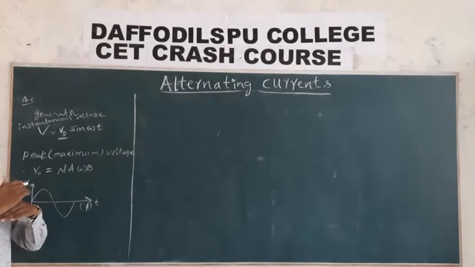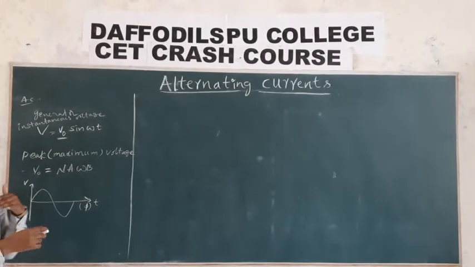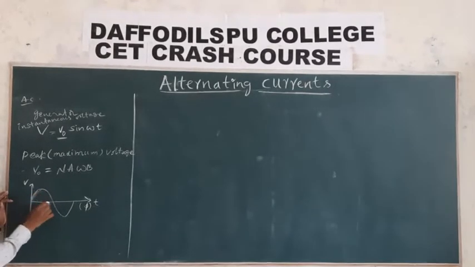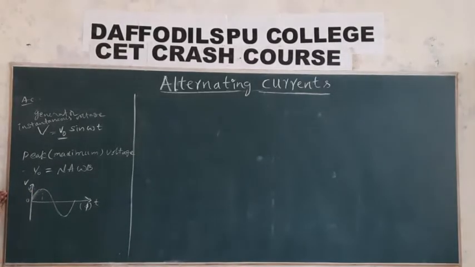For every half period, the direction of the current or EMF will change, so that will get clear. Now, this is the maximum or peak voltage, V naught.